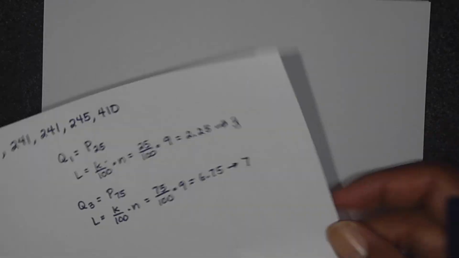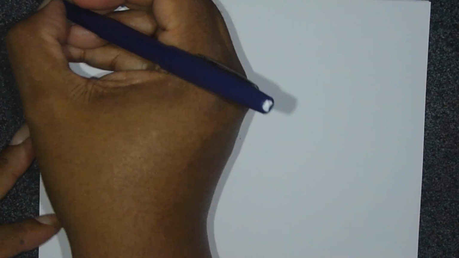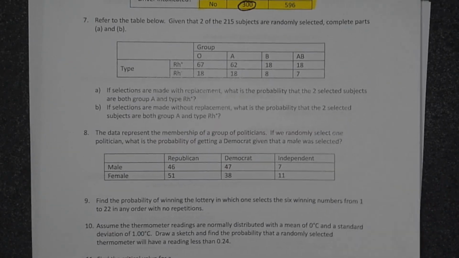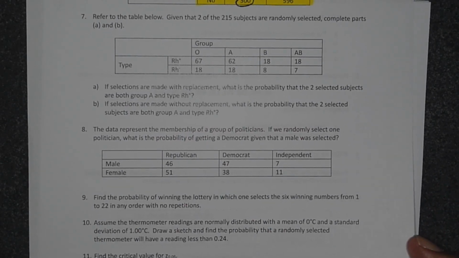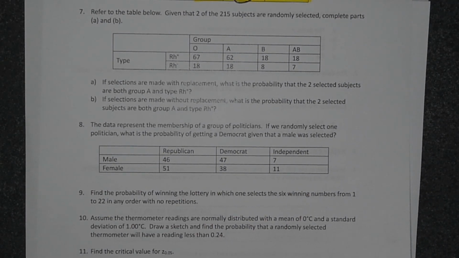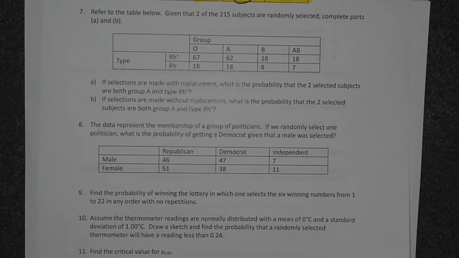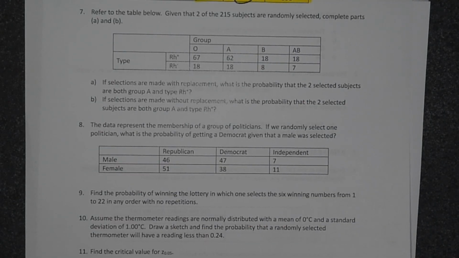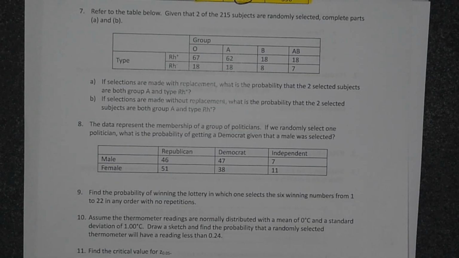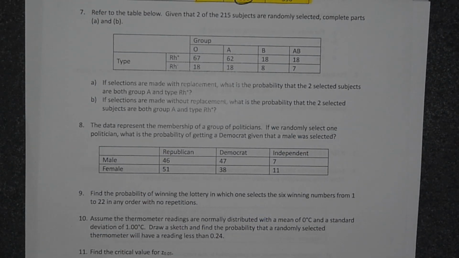Okay, number 7. Here we're going to refer to the table, and we're given that 2 of the 215 subjects are randomly selected, and we're going to complete parts A and B. In this case, if the selections were made with replacement, what is the probability that the 2 subjects are both group A and type RH plus?